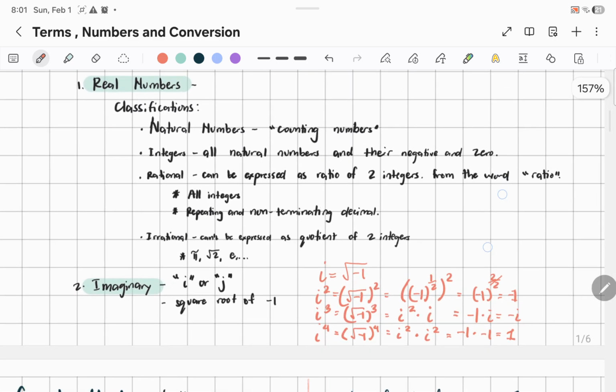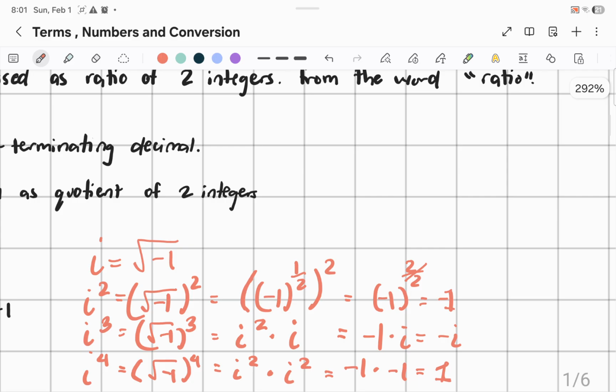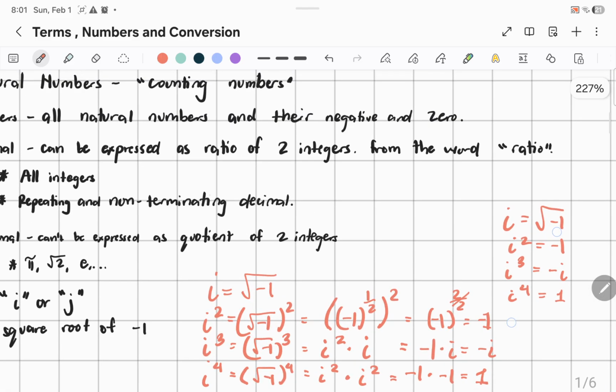Now, if we're going to summarize that, we just have to remember that i is equal to the square root of negative 1. i squared is equal to negative 1. And then i cubed is just negative i. And i raised to 4 is just positive 1.